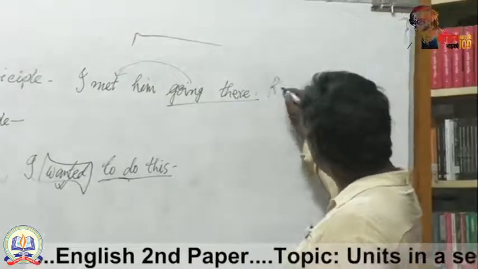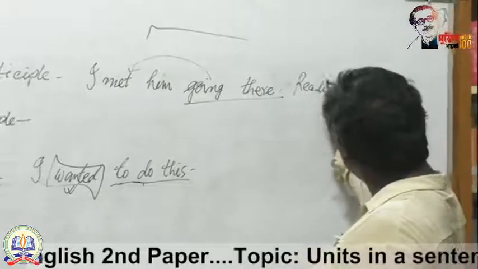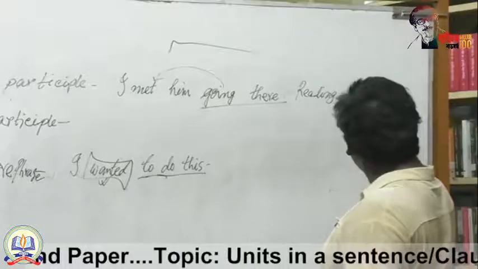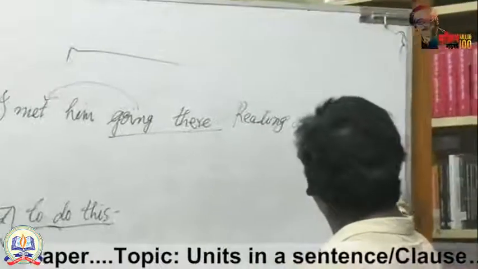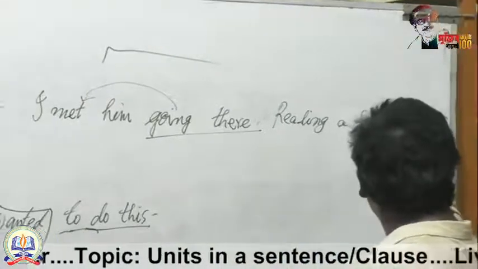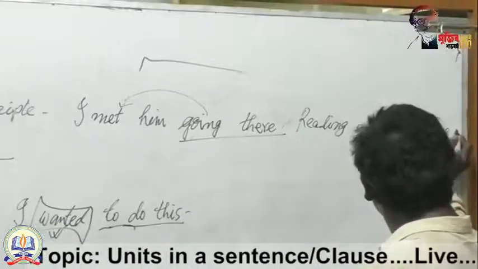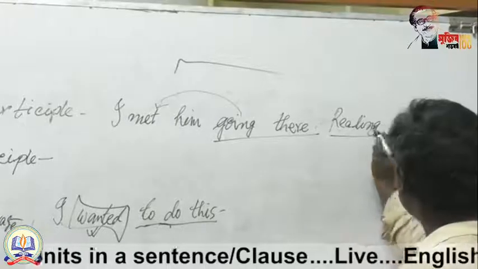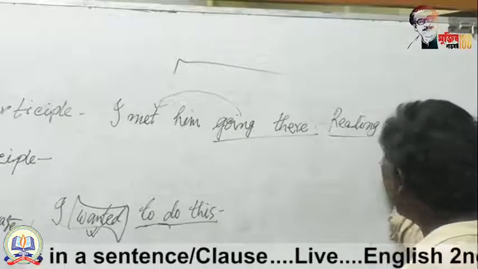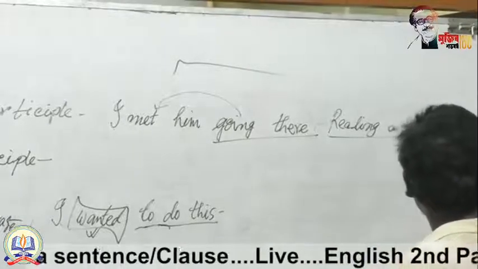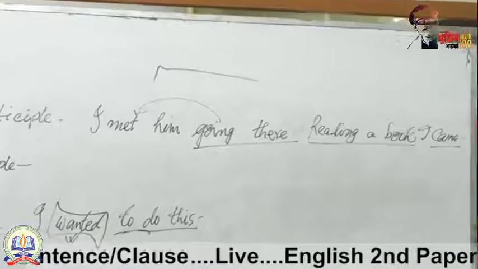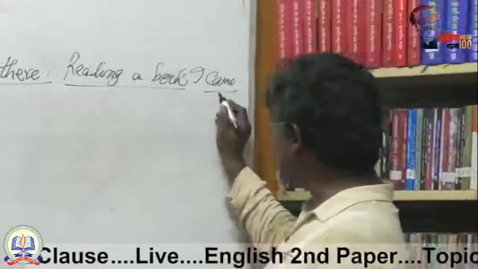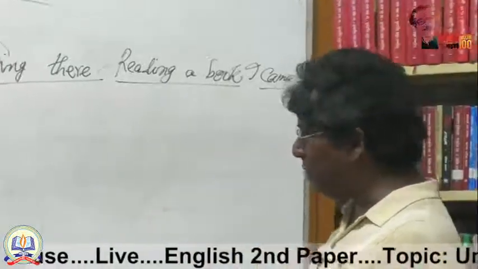Reading a book, I came. By this present participle phrase, we express a job, an activity, an action before the action of the finite verb came.